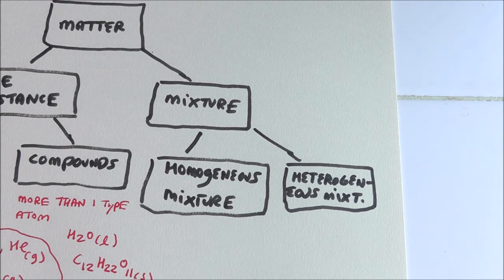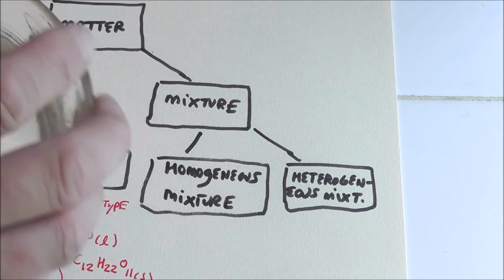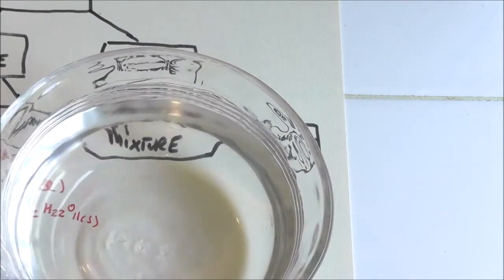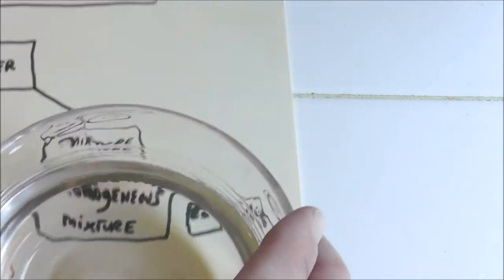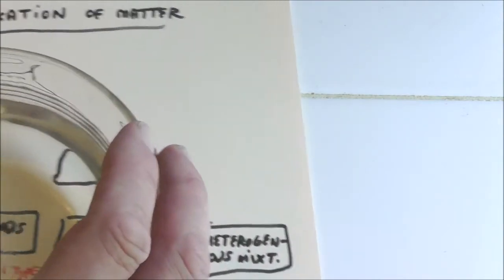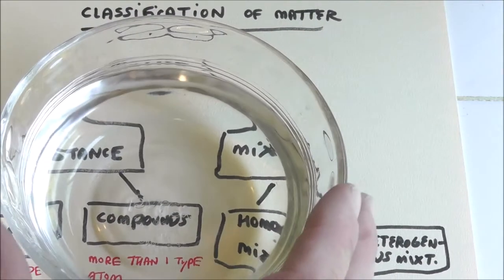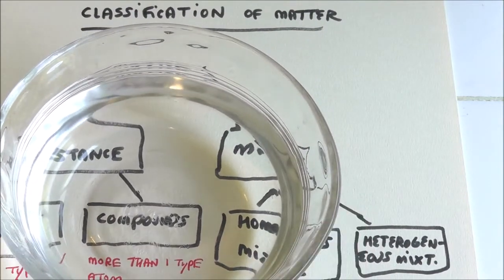All right? So if I were to take this water, and, hey, of course, that's a compound. I'll put it right there. There's water. It's a compound. I like my metaphoric use of the bowl on top of the diagram.